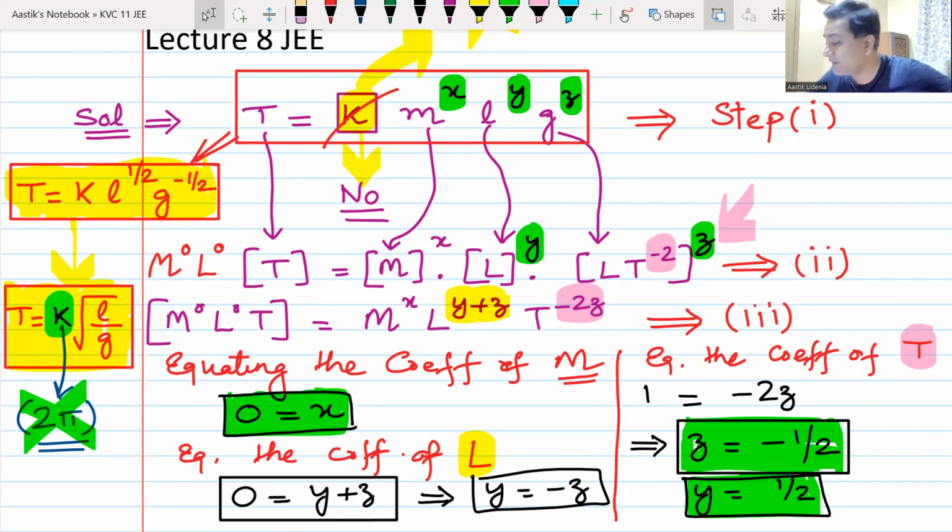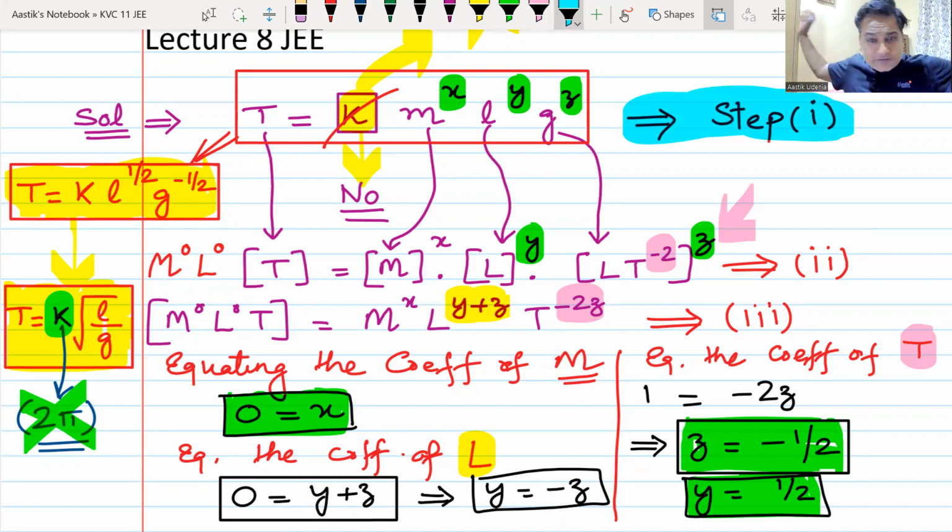Well, I would say with great confidence that physics finished at step number 1. That is the entire physics in this particular question. After that, all the parts are just simple maths.